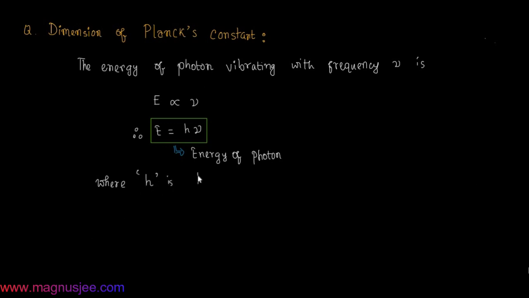The value of Planck's constant is 6.626 into 10 to the power minus 34 joule second.